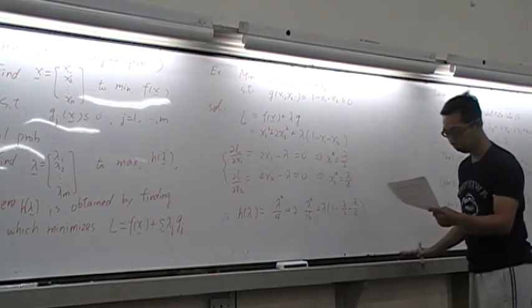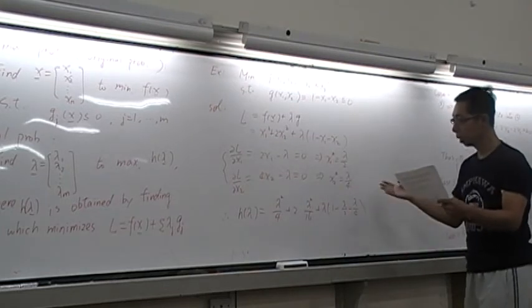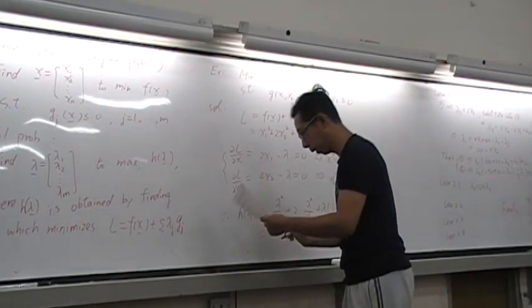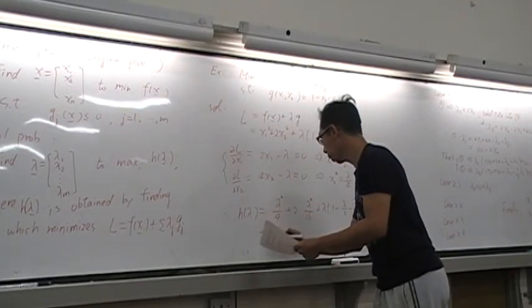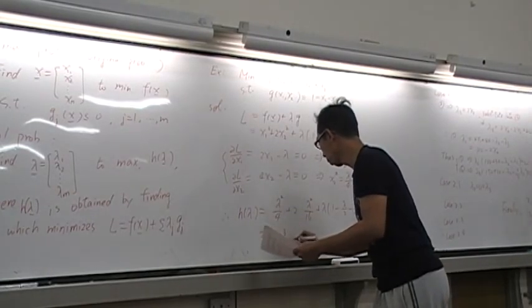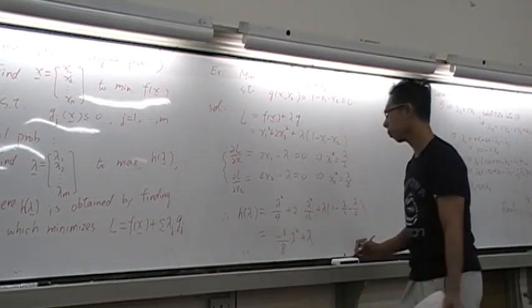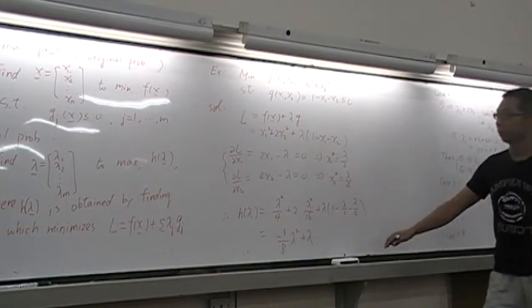Let me just simplify this, and finally you have this: minus 3/8 lambda squared plus lambda.